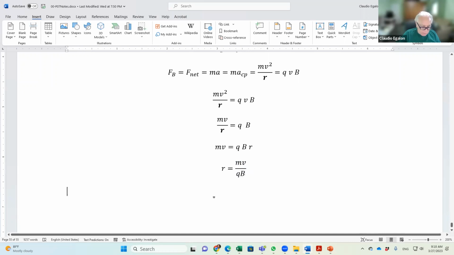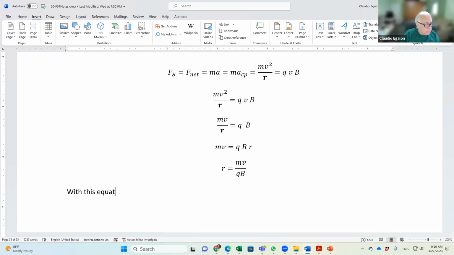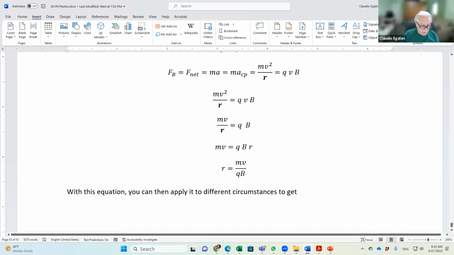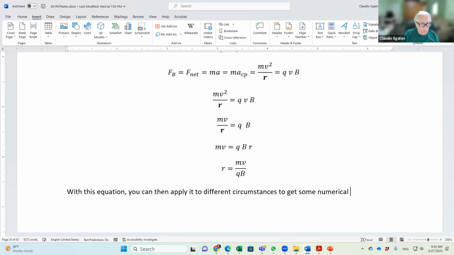Then with this equation, you can apply it to different circumstances to get some numerical values.